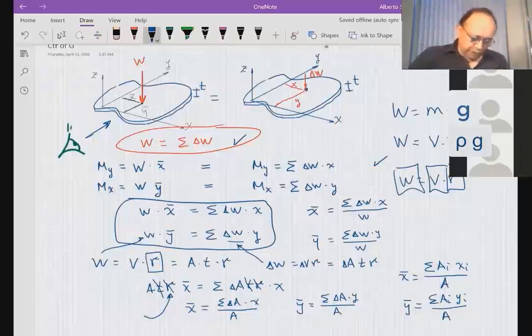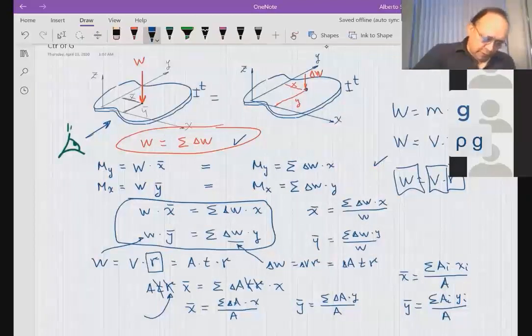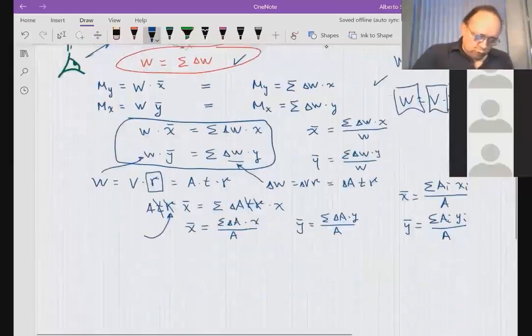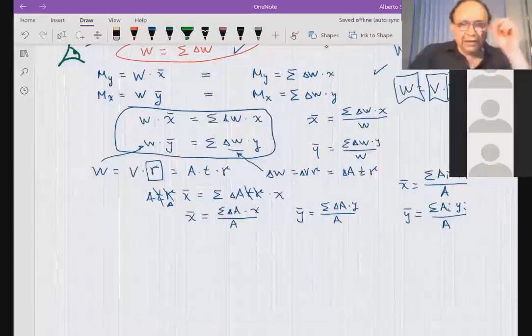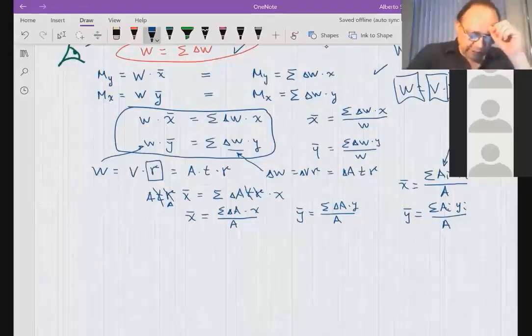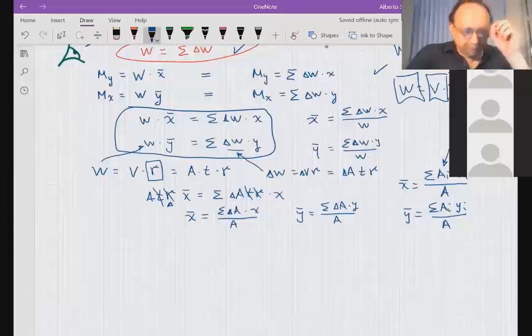Okay, where were we? Okay, here. So now we have this expression, and then we can get another expression when you talk about an infinite number of particles, when you cannot divide the plate into a finite number of areas, but you have to go to the root of the components of the plate.